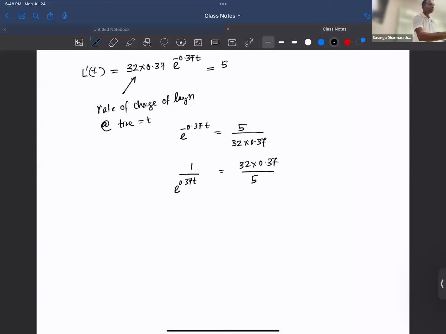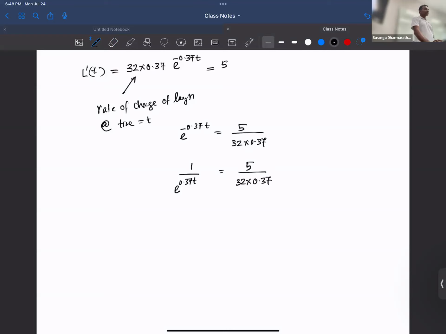Does that make sense? Oh, no. It should be the other way. My mistake: 5 over 32 times 0.37. Because the negative power is 1 over, right?